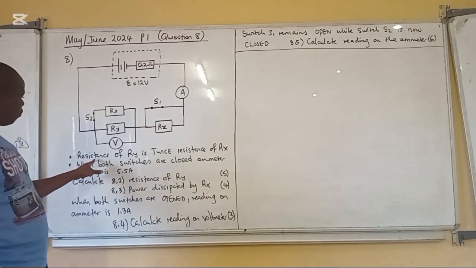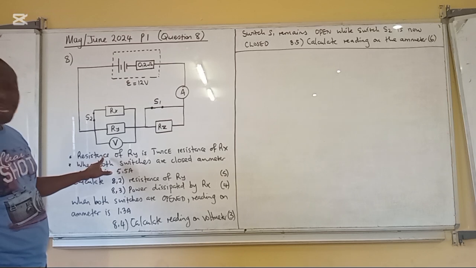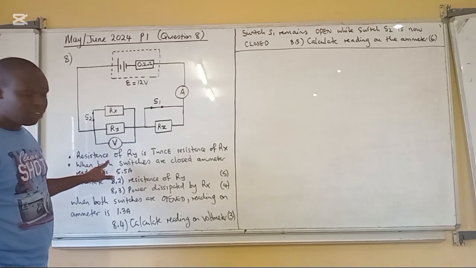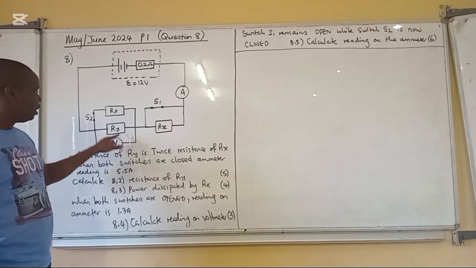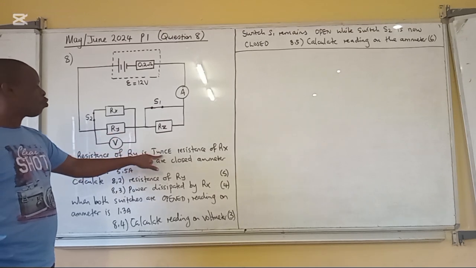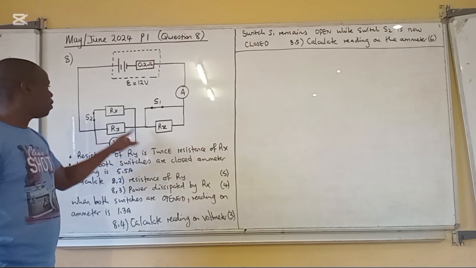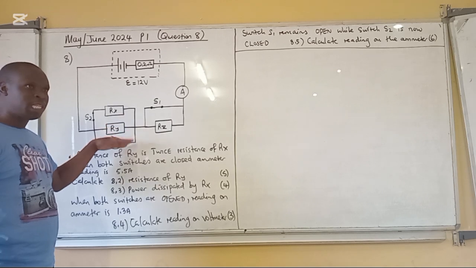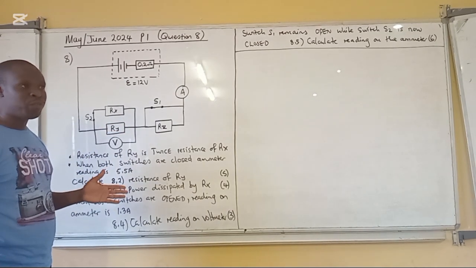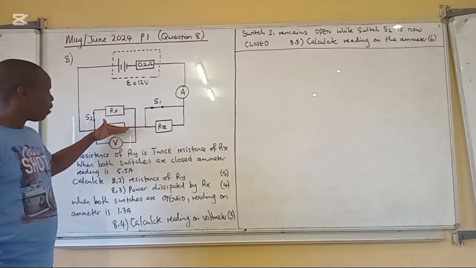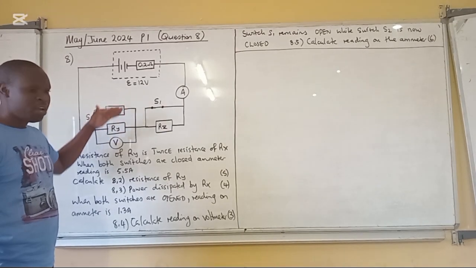But we've got some information that is given here where the examiner is telling us that the resistance of Ry is twice the resistance of Rx. So it's more of a ratio that we are being given here, the ratio of the resistance of Ry to the resistance of Rx.